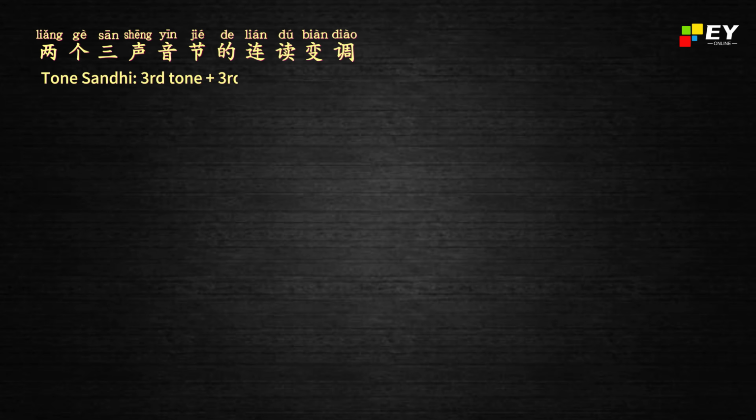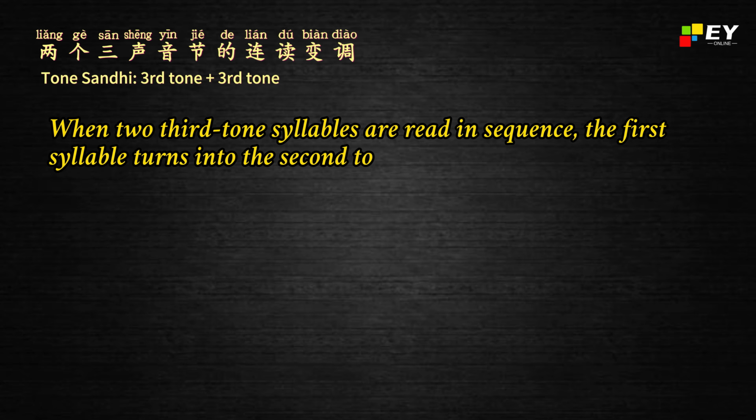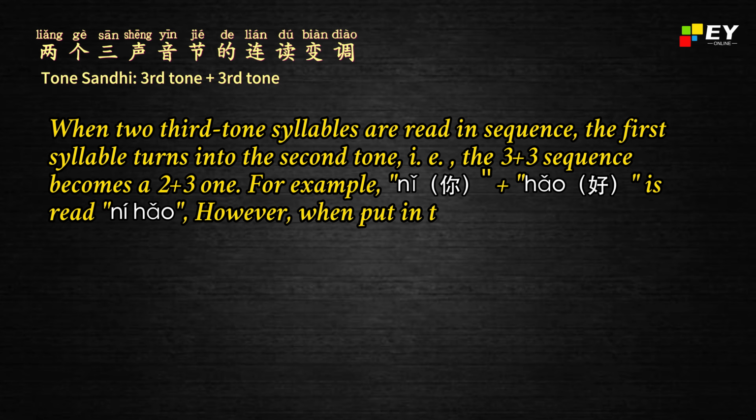Tone sandhi, third tone plus third tone. When two third tone syllables are read in sequence, the first syllable turns into the second tone. The 3-3 sequence becomes a 2 plus 3. For example, 你 plus 好 is read 你好.